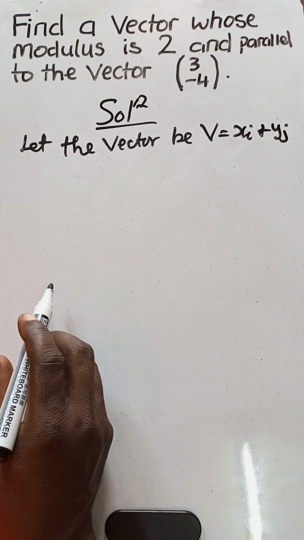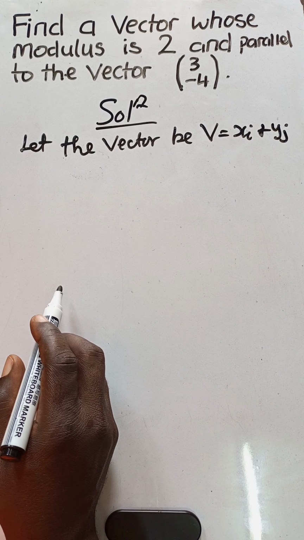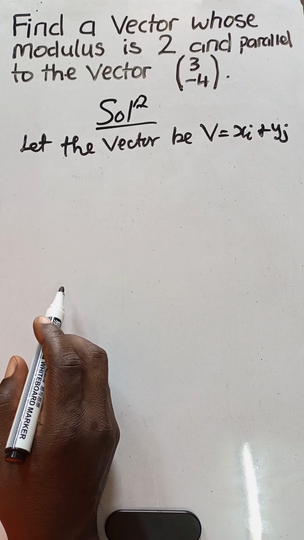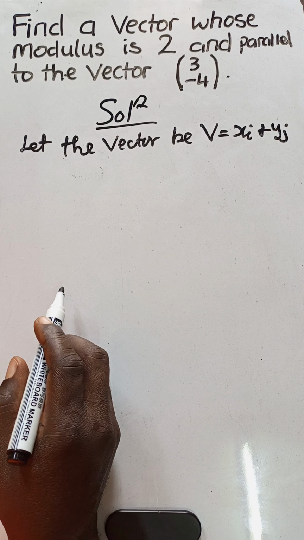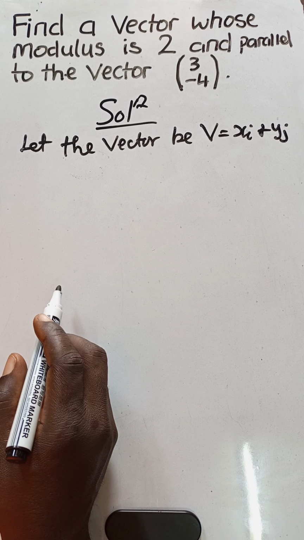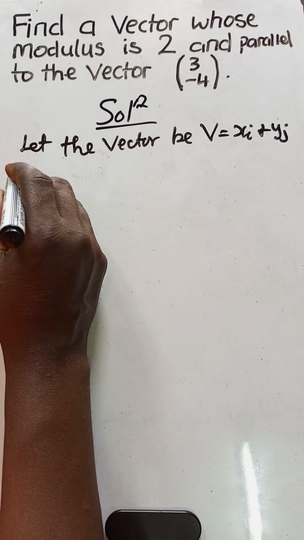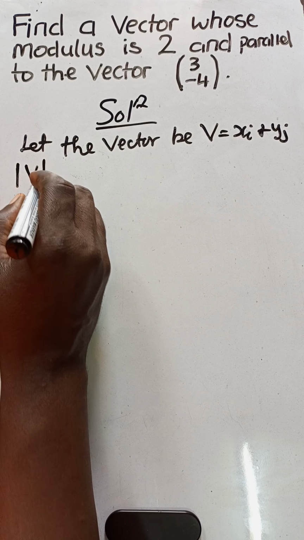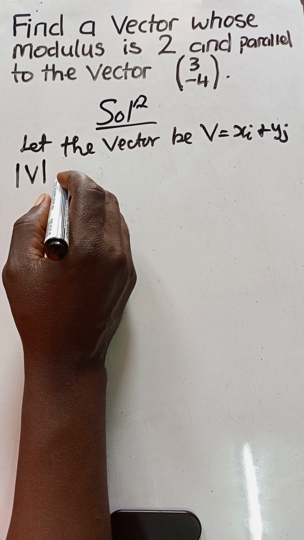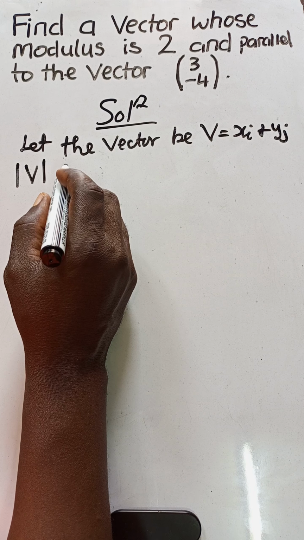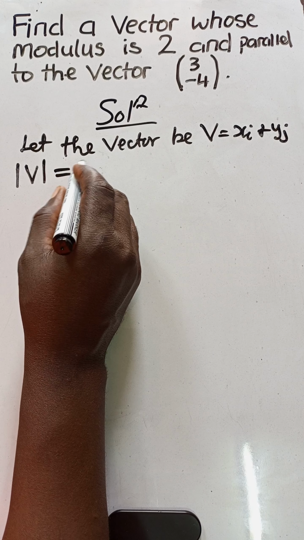The i component is x and the j component is y. So we are looking for the vector v. Now we have two vital pieces of information about the vector v. We are told that the modulus, or the magnitude, of v is 2.